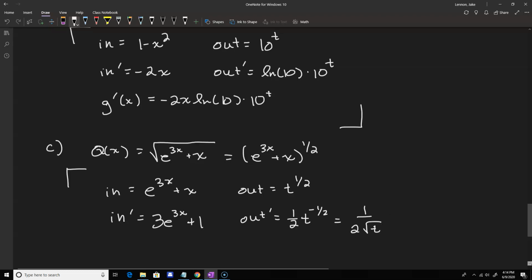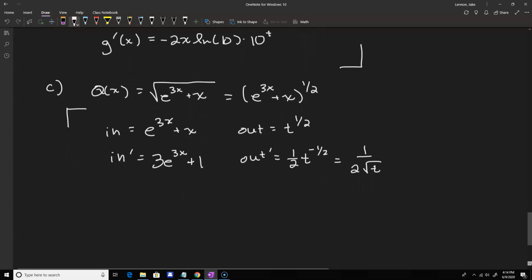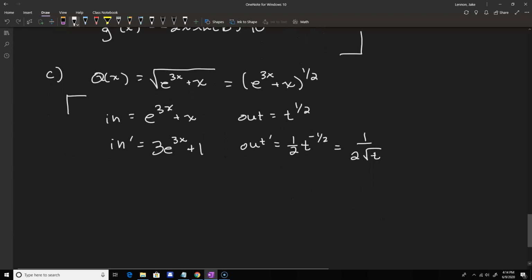So putting all that together, again, we just multiply the bottom row, in prime times out prime, and replace the occurrence of t by e to the 3x plus x in parentheses. So here q prime of x is 3e to the 3x plus 1 times 1/2, and then we're going to change that to e to the 3x plus x to the negative 1/2 power.